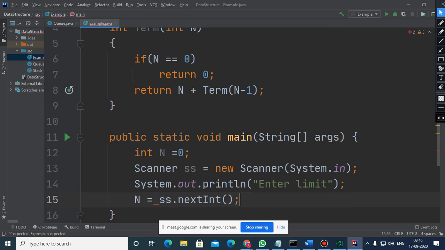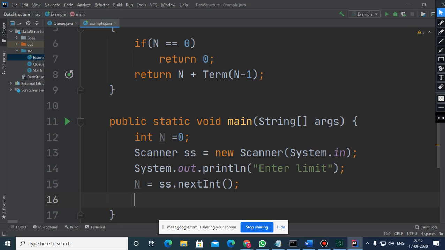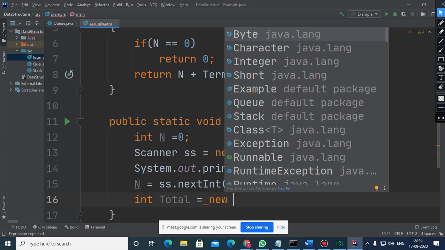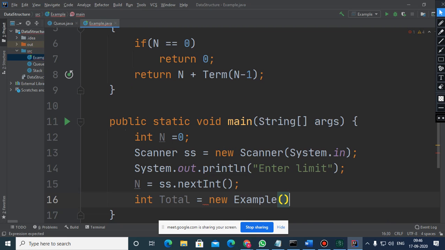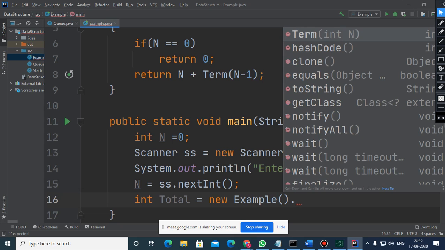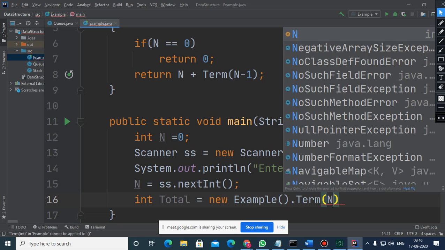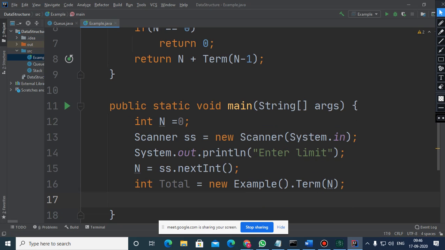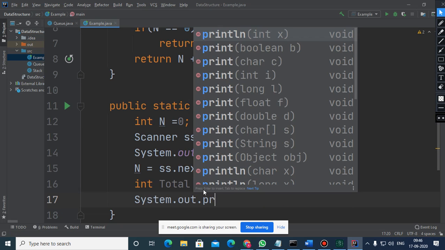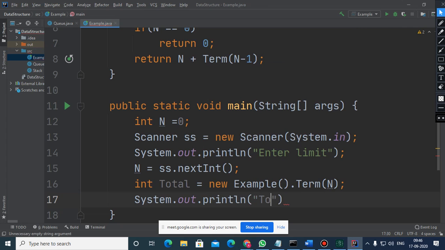So here you have received that limit, and here is the variable for the total. Now you are going to call that function, example dot term, passing this n, and after that you print the total.